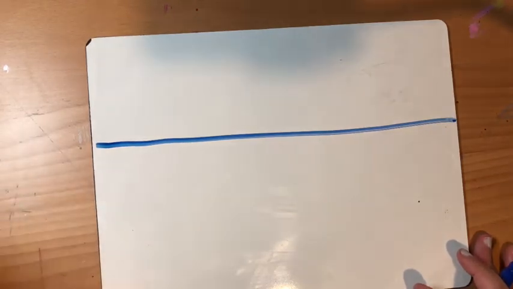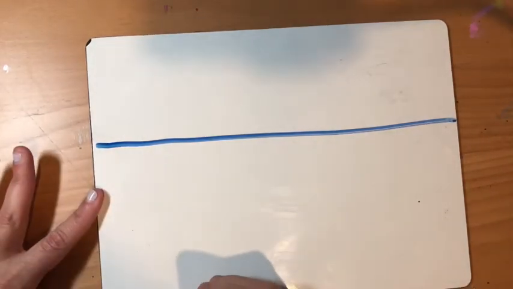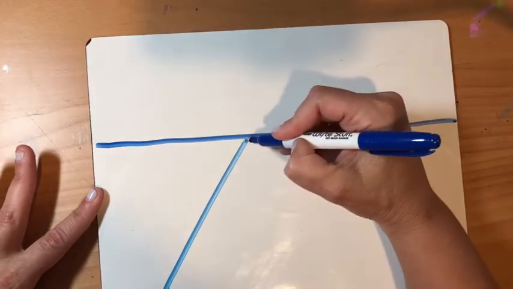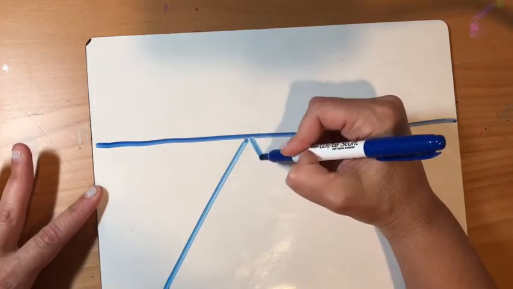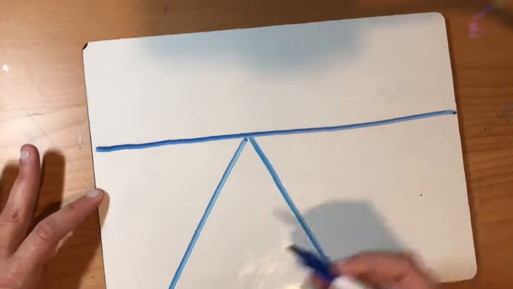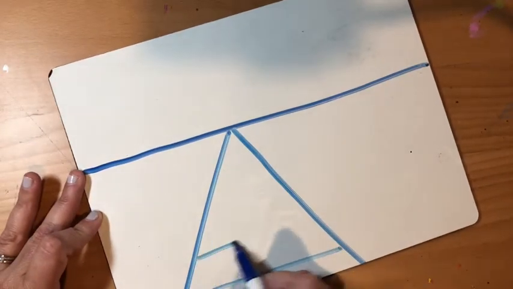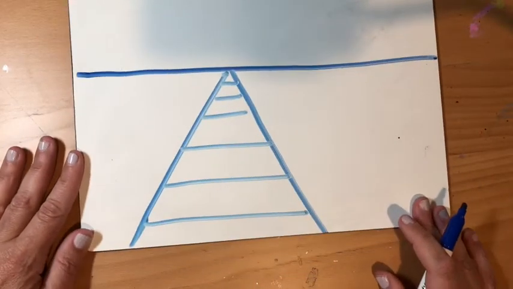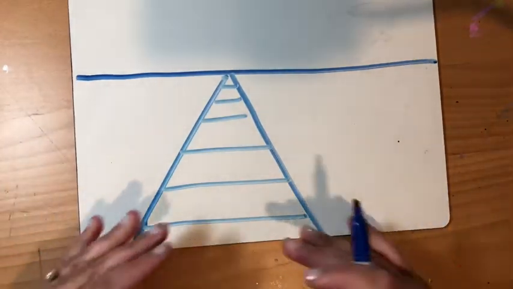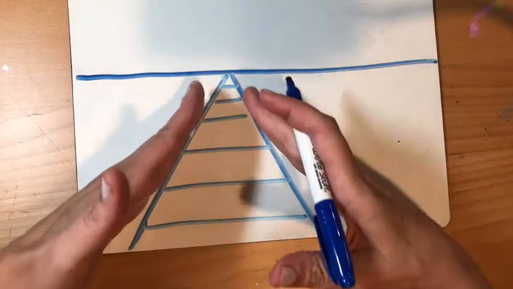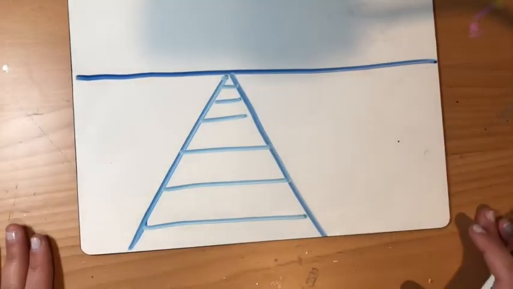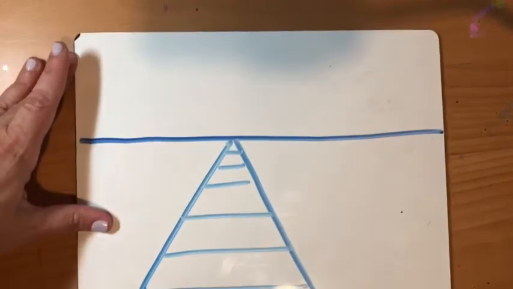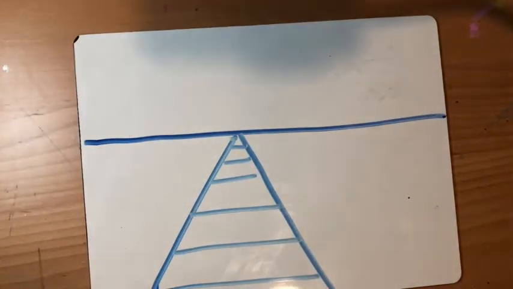When you are looking at a railroad track, this is what you typically see. It looks like the railroad track is going deep into your paper, when actually it's not, because this is a two-dimensional surface. So we just created an optical illusion.